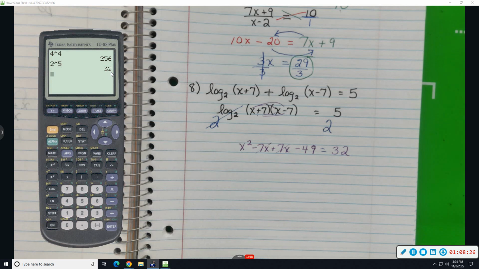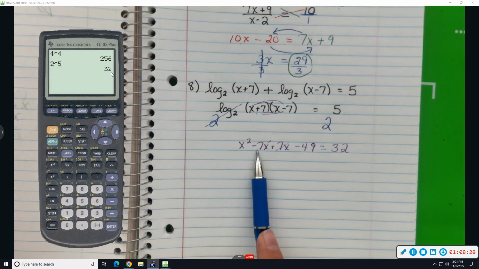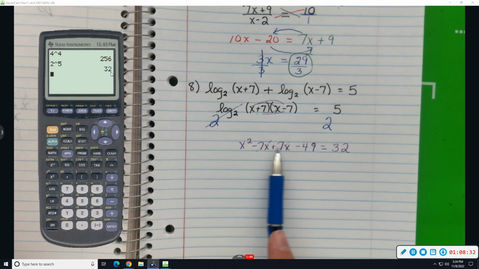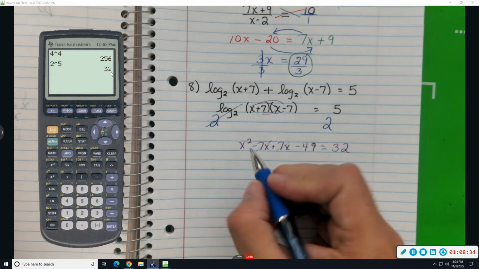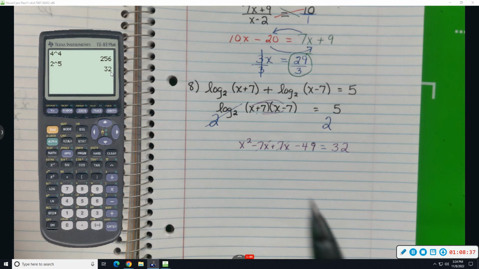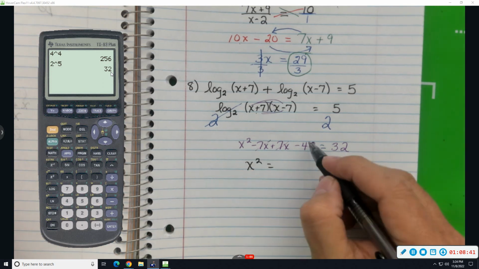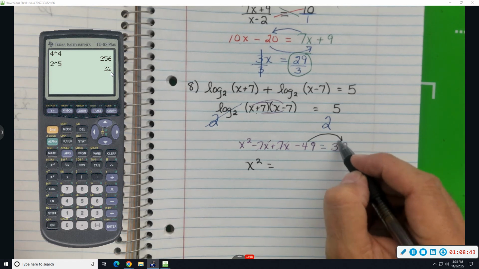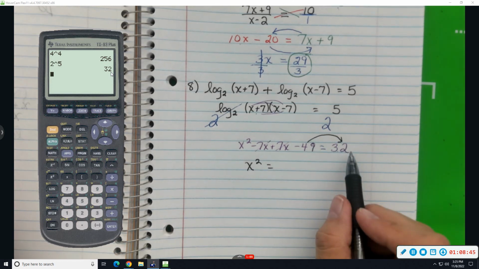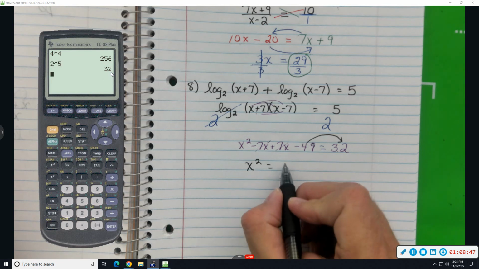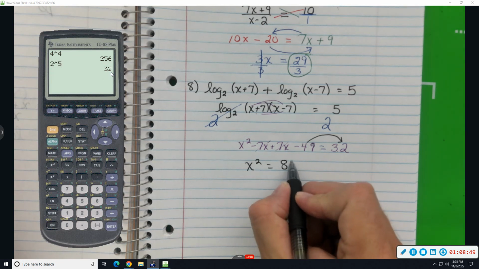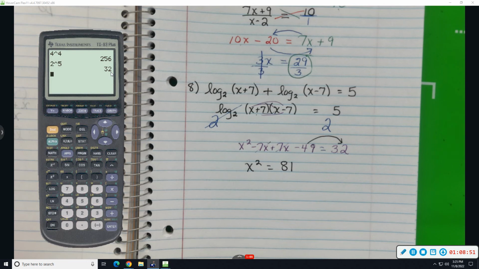So the 7x's have canceled out. I think probably the easiest way to solve this is just to move the 49 over here. 32 plus 49, is that going to be 81?